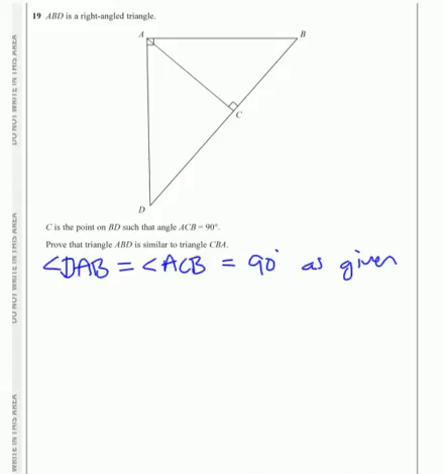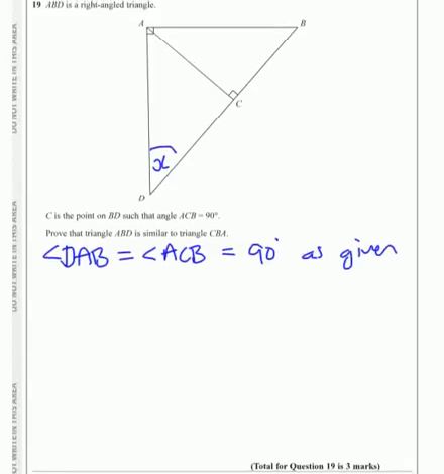Next, what we can do is if we label some of these angles, we can start to work out what some of the others are. So let's call this one X and start from there.